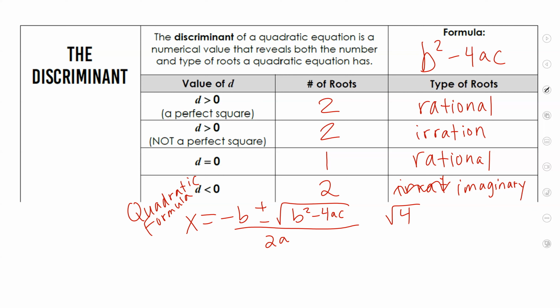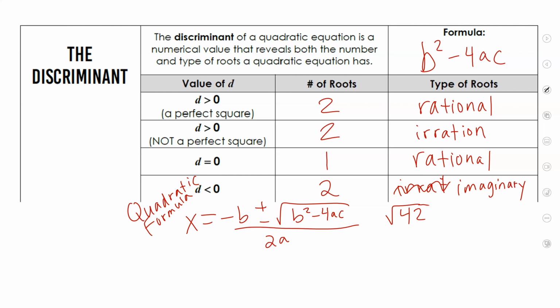So if we get a positive number under the square root and it's perfect, like 4 or 16, 25, 81, where you automatically know what the square root is, you're going to get 2 rational numbers. You'll easily be able to graph it. Now, let's say I had a number like 42. Is that a perfect square root? It's still positive, so you're going to get 2 answers.